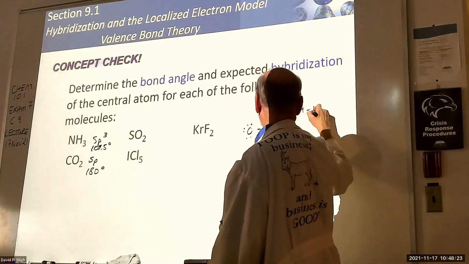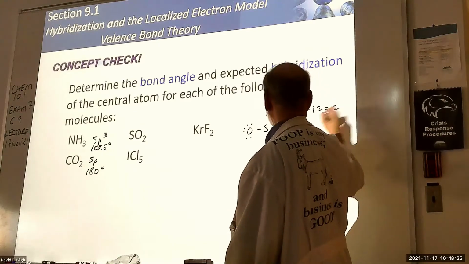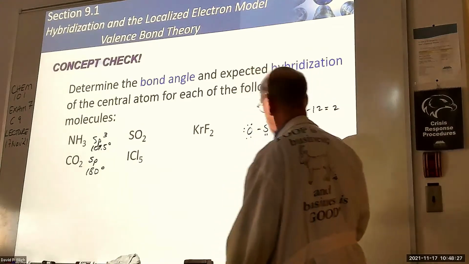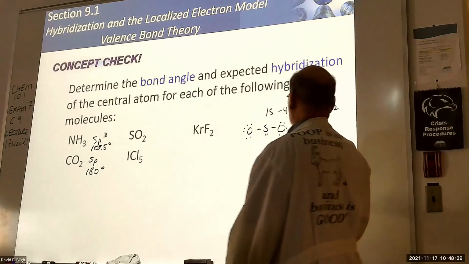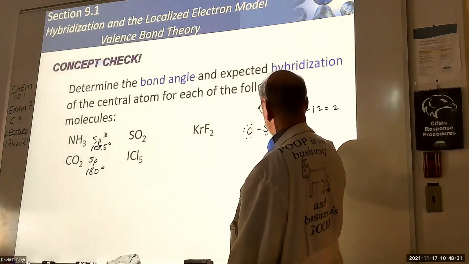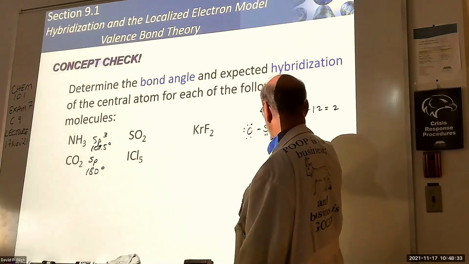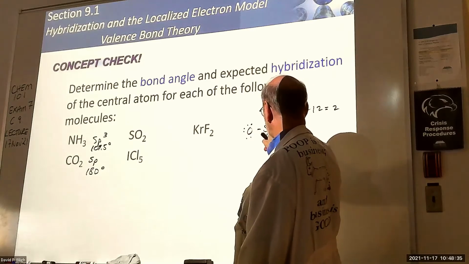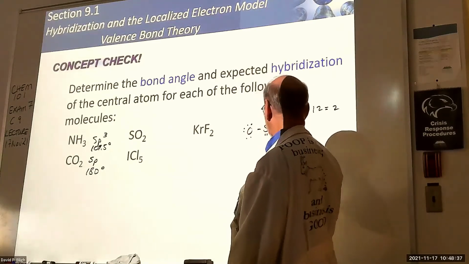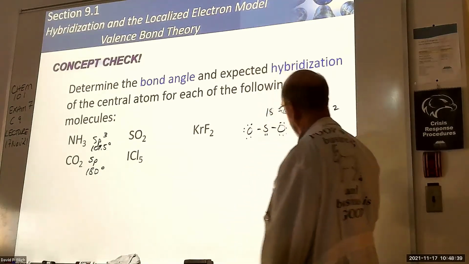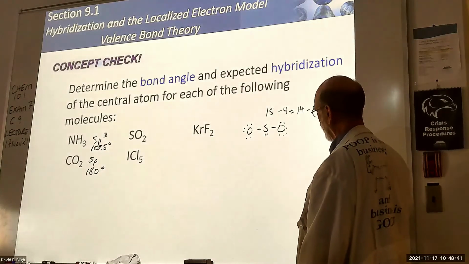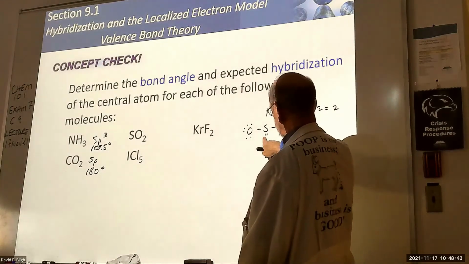That's 12. We have 2 electrons here. Okay, so we need 2, 4, 6, 8. How are we going to do that? Are we going to use this one up?